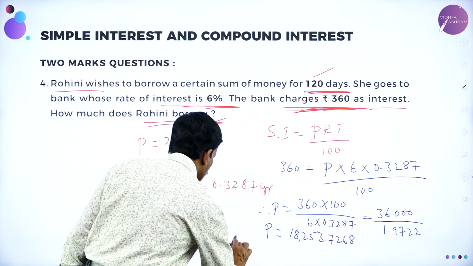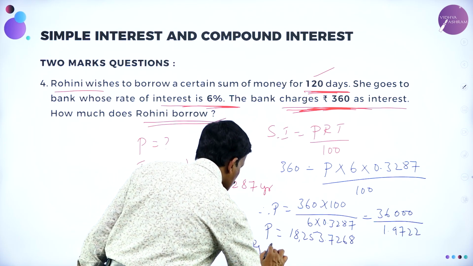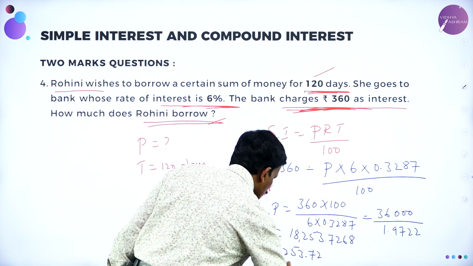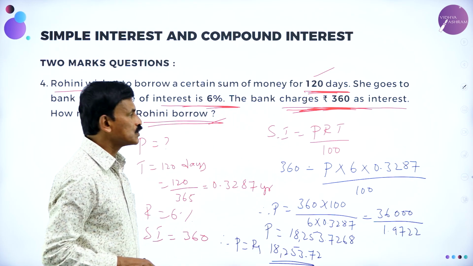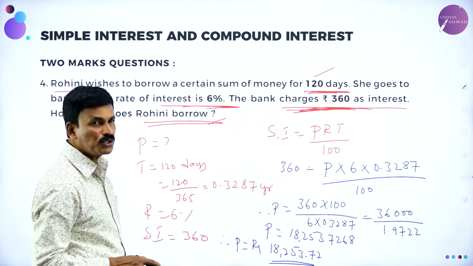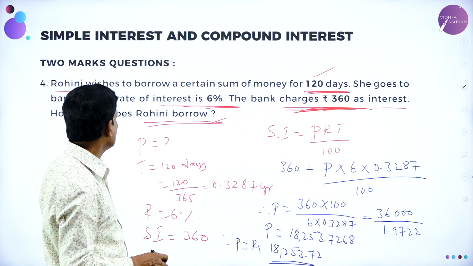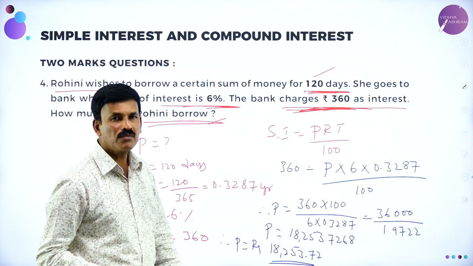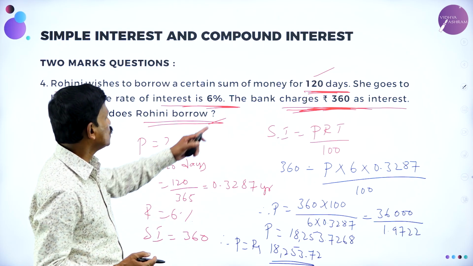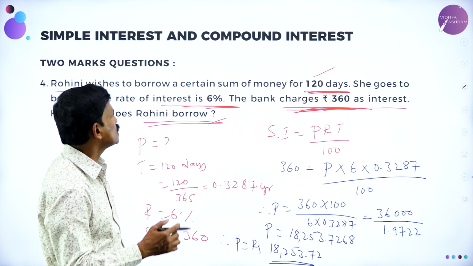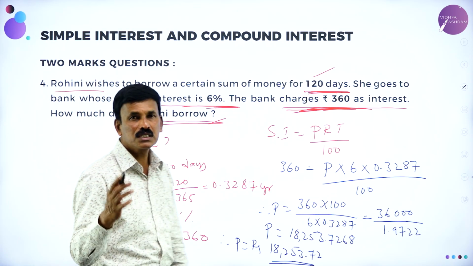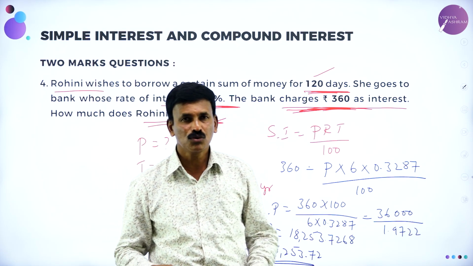So therefore the principal will be rupees 18,253.72. This is the principal. So she has to borrow 18,253.72 in order to get 360 rupees as simple interest for 120 days at the rate of 6% per annum. That's it. Hope you followed.